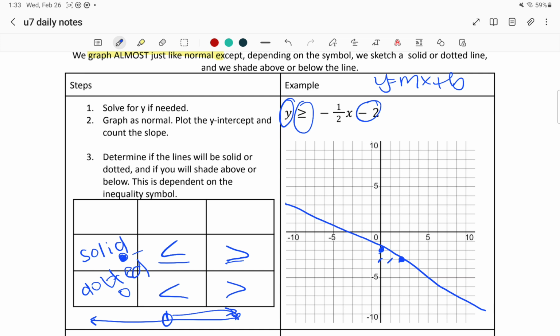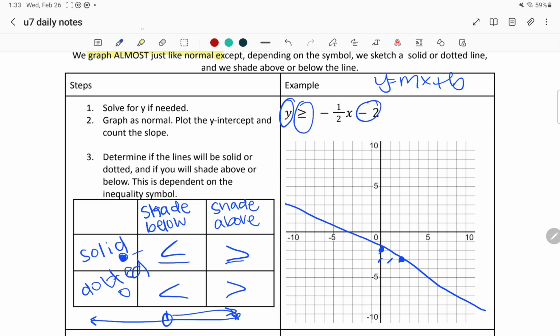So I show less than or greater by shading. If it's less than, I'm going to shade below the line. Think less is low. I go lower than my line. If it's greater than, then I shade above my line.